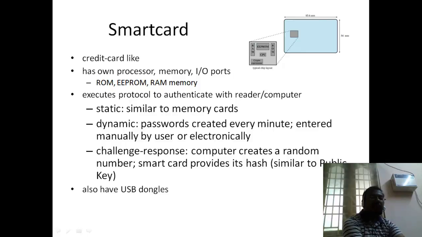We have the static type, which is similar to memory cards. We have the dynamic type, with a password created every time and entered manually by the user or electronically. Also we have challenge response, where the computer creates a random number and the smart card provides its hash, which is similar to a public key. And also we have USB dongles. So this is about smart cards.